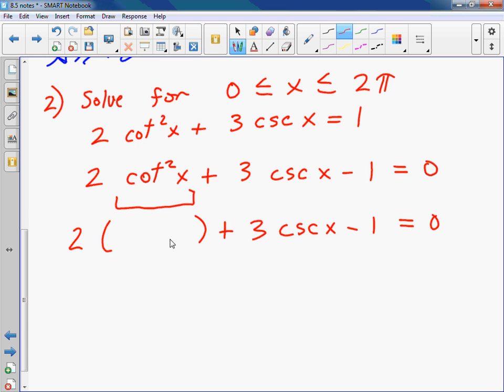So, Mariah, what could I write here that is the equivalent of cotangent squared x, but in terms of cosecant x? Cosecant squared, rather, sorry.